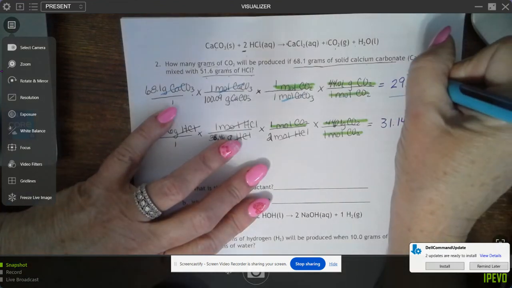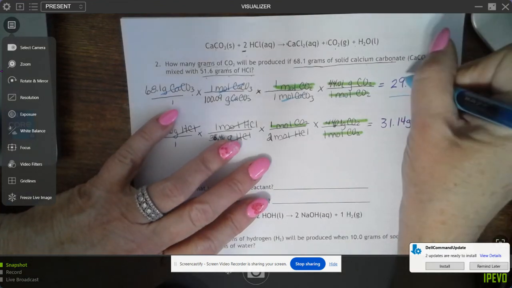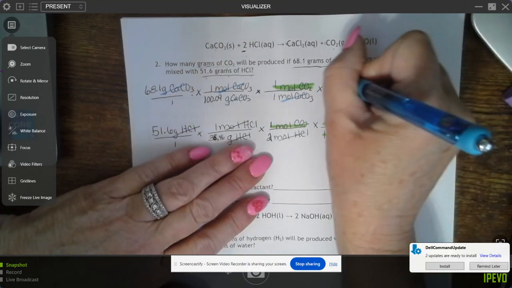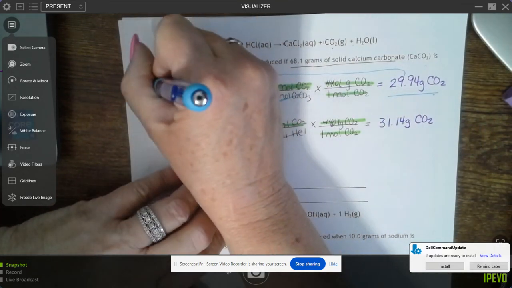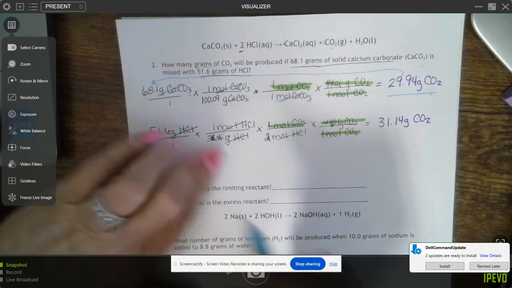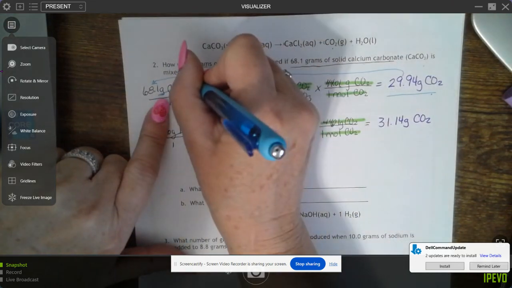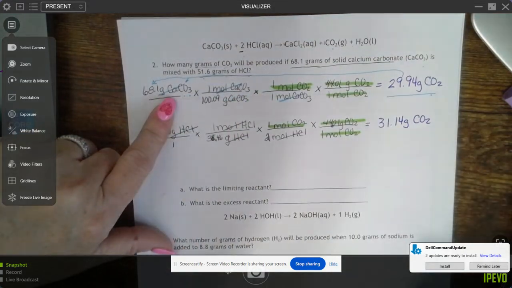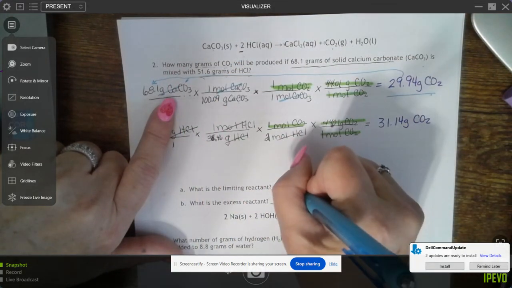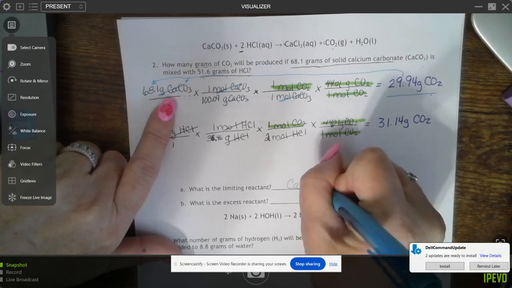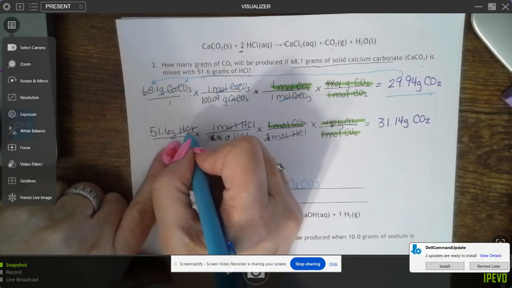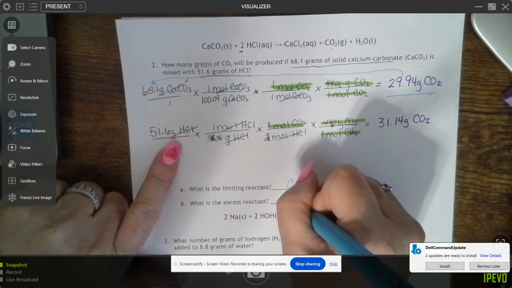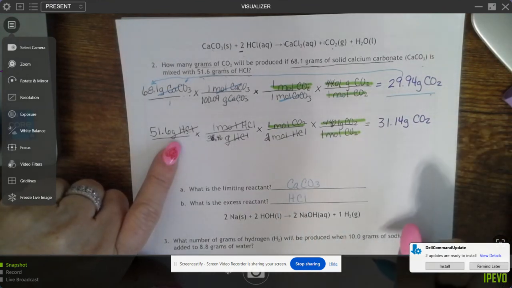So when you look at this, you take the smaller number and you draw an arrow back to this reactant, calcium carbonate, which is our limiting reactant, which means the other reactant, HCl, is our excess reactant.